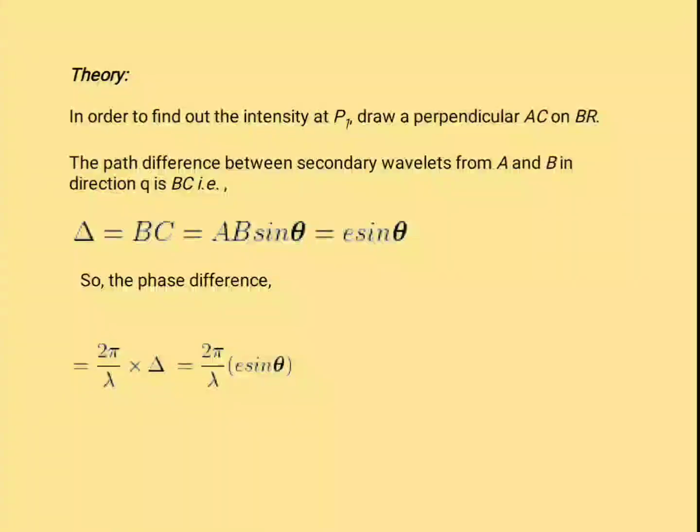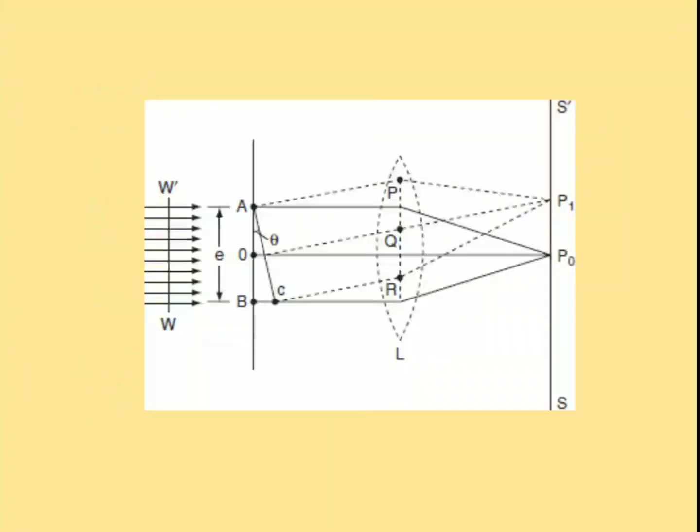From the triangle ABC, sin theta is equal to opposite side by hypotenuse. Since C is the right angle, the side opposite the right angle is the hypotenuse, so AB is the hypotenuse. That means sin theta equals BC by AB.